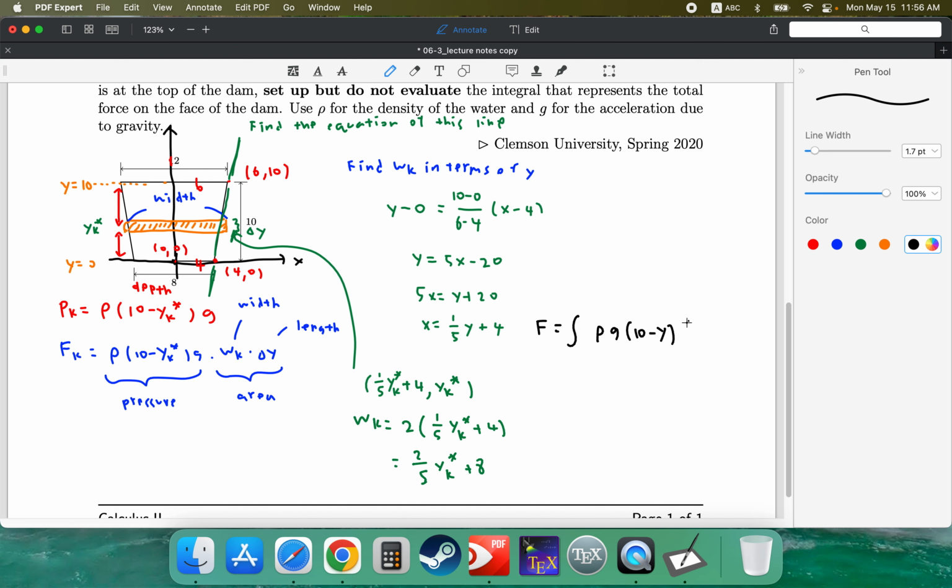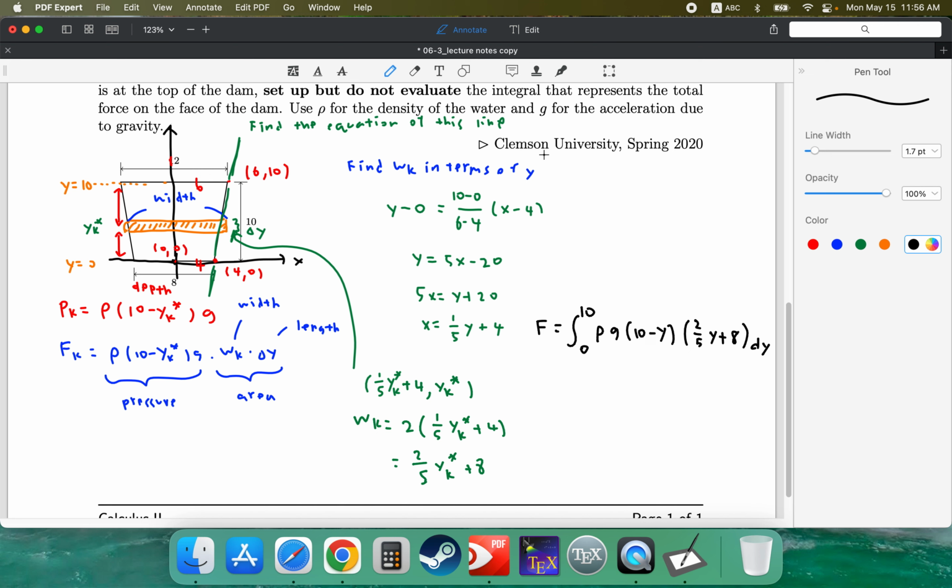The width is right here, 2/5 y plus 8, and delta y becomes dy, from the bottom of the dam to the top of the dam, because the water level is right here. So that's your force: the integral of rho g times (10 minus y) times (2/5 y plus 8) from 0 to 10.